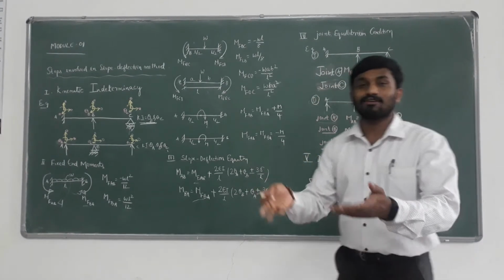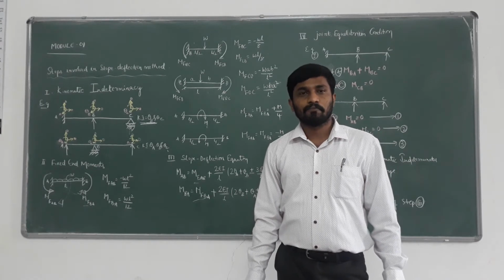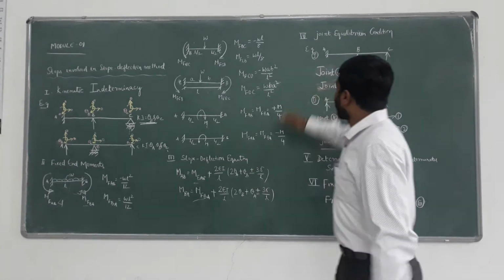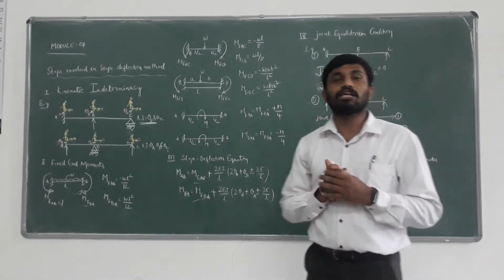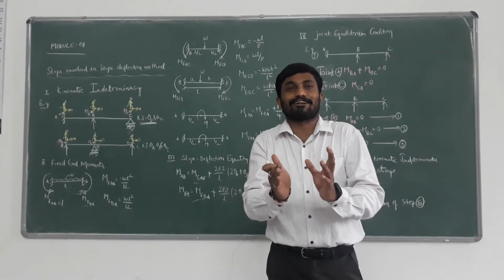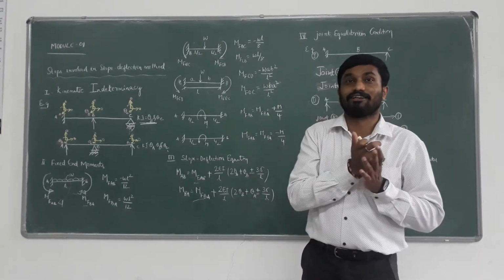So construct slope deflection equations depending on the given continuous beam and loadings. The next step is the joint equilibrium condition. What is meant by joint equilibrium condition? This is once again related to your equations of equilibrium, that is, indeterminacy.